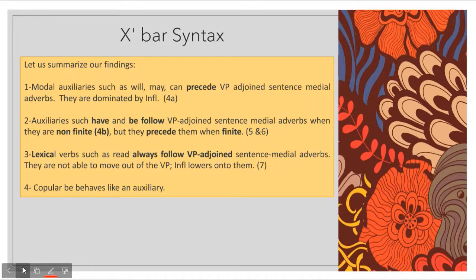They are not able to move out of the VP, and INFL lowers onto them. And 4. Copula be behaves like an auxiliary. So this is the conclusion of all that blah blah blah we were talking about. Did you understand all of it? Anyway, keep it in your mind.